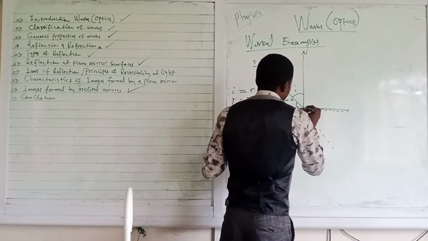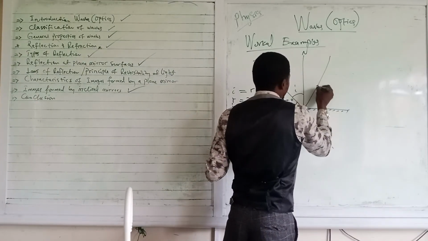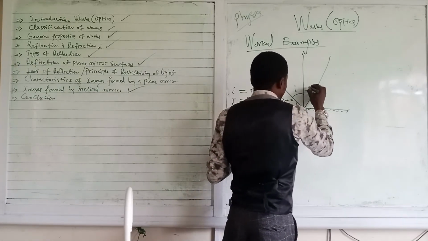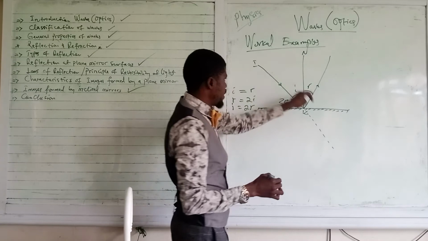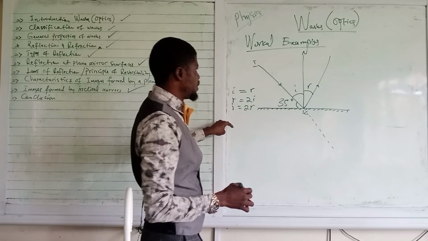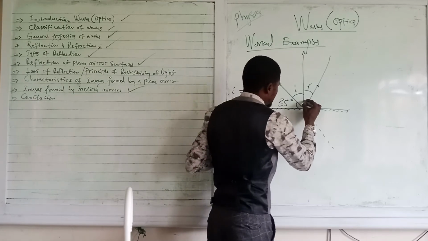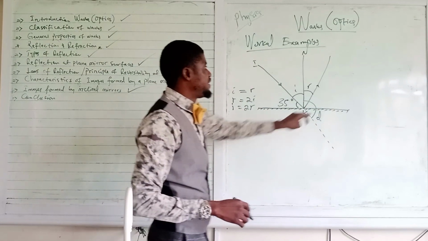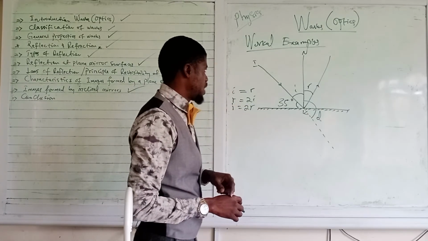So here is our reflected ray, and the angle of reflection will be equal to the angle of incidence. From the normal to this point, we call it the angle of deviation.